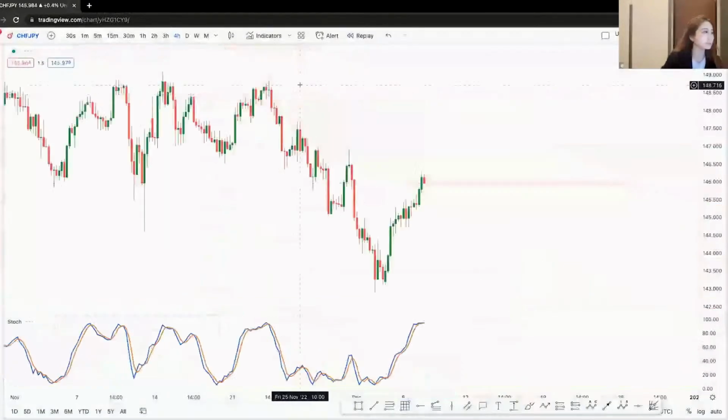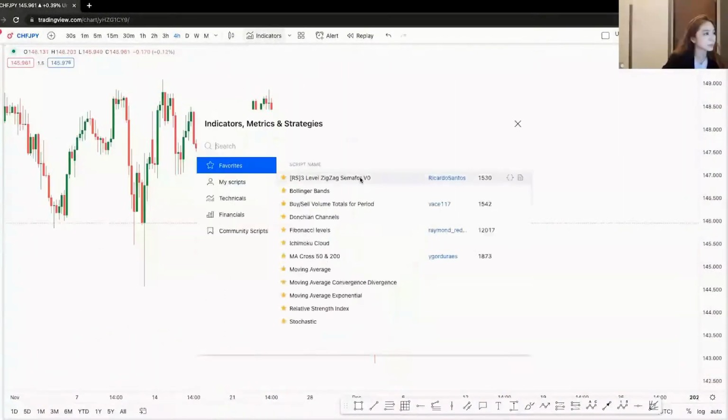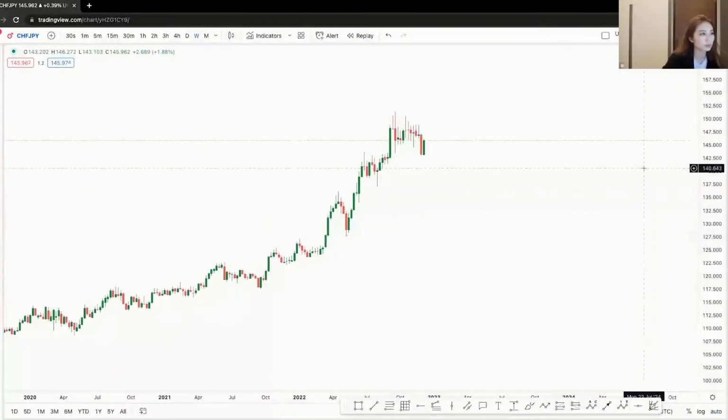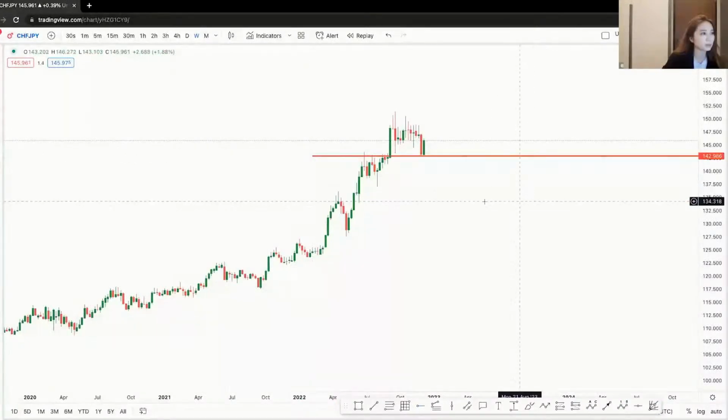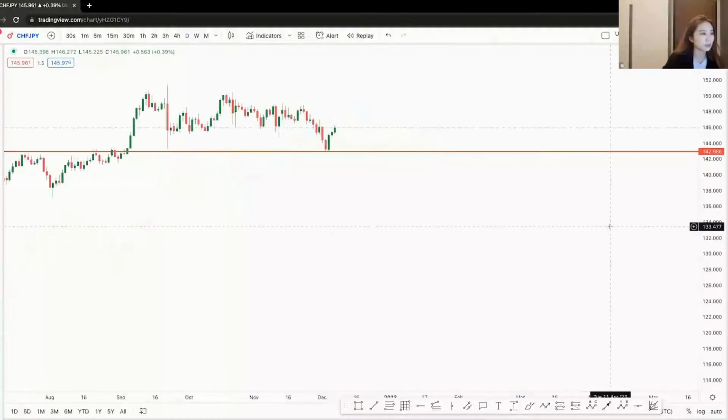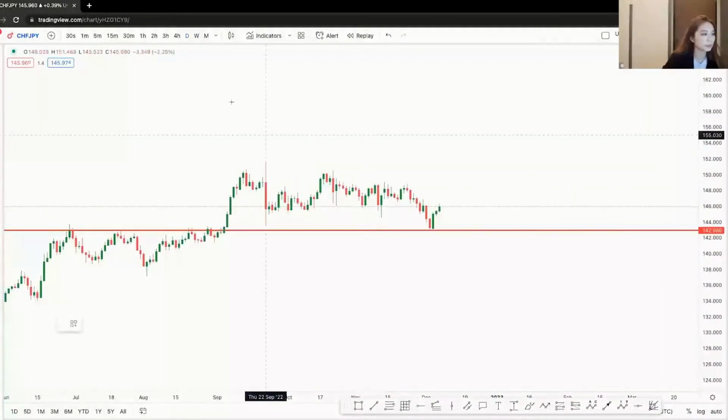It's a Franken pair. Interesting. We're looking at resistance and support level. Let's look at daily. You can see that actually price is moving up and down between these two levels.